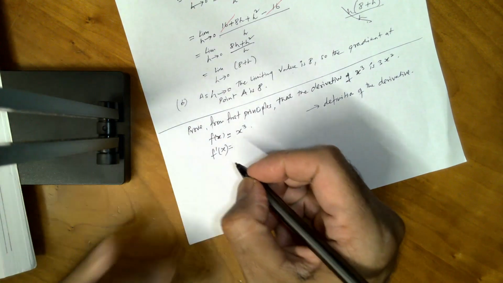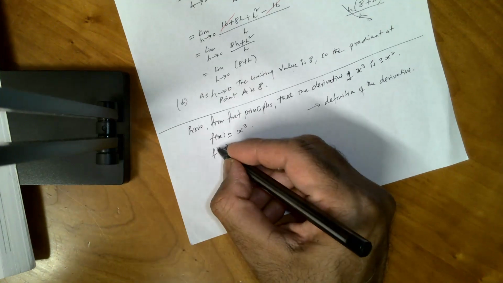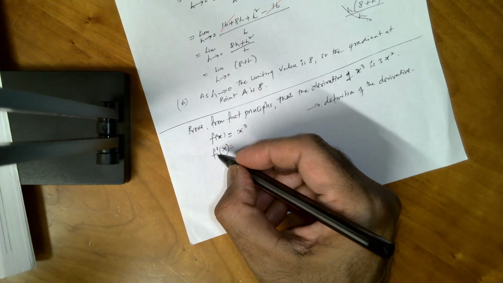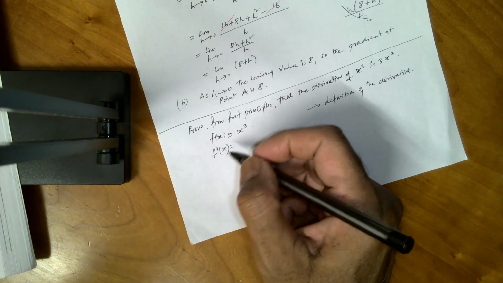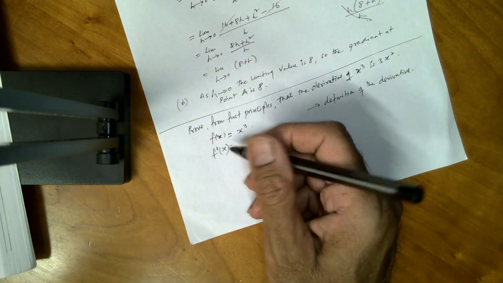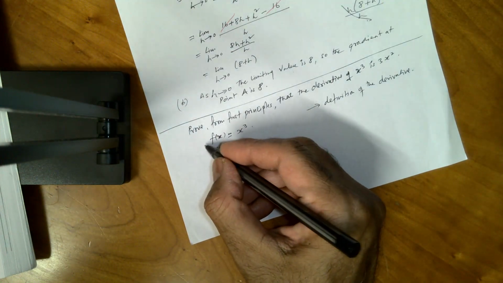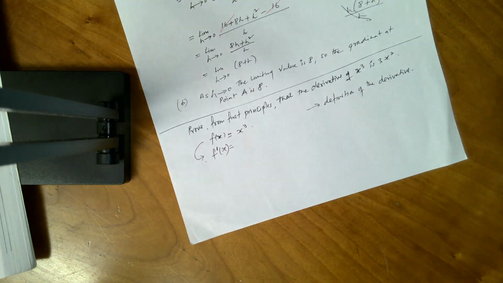Now we can say, when I use this process here, the first derivative of f at the point x, or you can say f prime of x, whichever you want to say. Okay, so it's just a way of writing the derivative form.